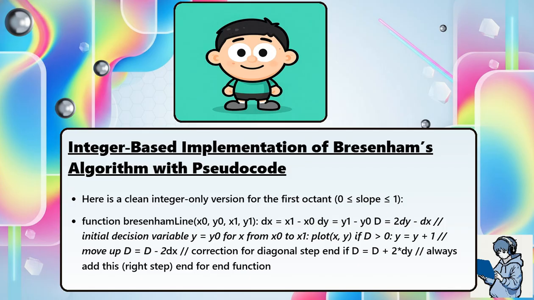For x from x0 to x1: plot(x, y). If d greater than 0: y equals y plus 1, move up, d equals d minus 2 times dx, correction for diagonal step. End if. d equals d plus 2 times dy, always add this right step. End for. End function.